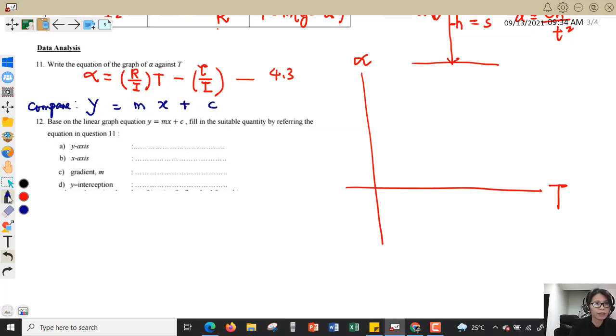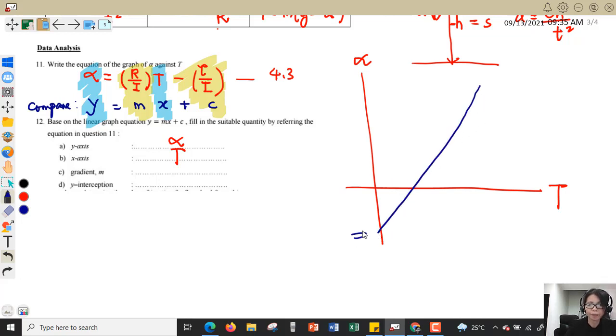Obviously our y-axis is alpha, our x-axis is T. The gradient of the graph is represented by r over I, and the intercept will be negative frictional torque divided by I. So we shall get a straight line graph that has a negative intercept.